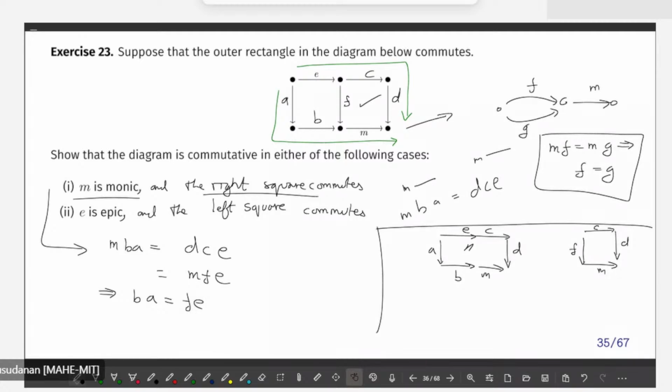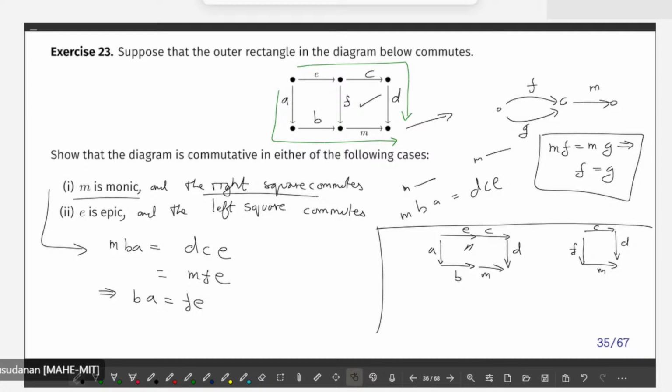So I want to prove that. So already the one rectangle and the square commute, right? I just need to show that FE is equal to BA.